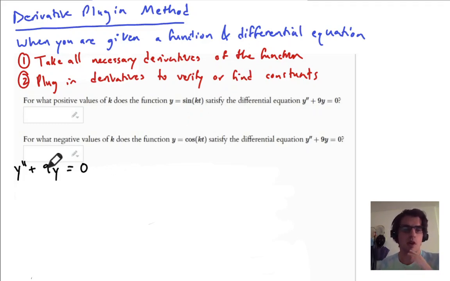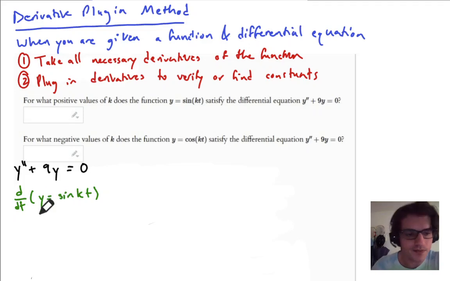We have a y equals, which we could replace with sine kt. But we do not yet have y prime, so we need to take the derivative d dt of sine kt to find y prime first.